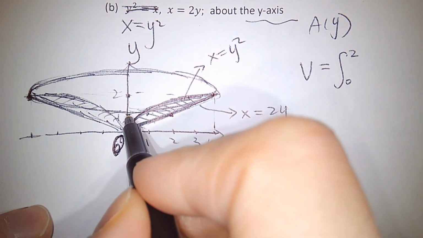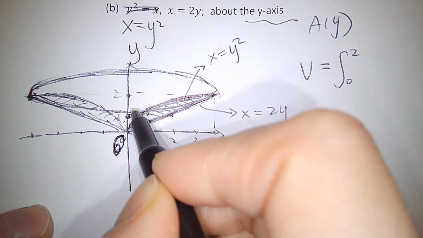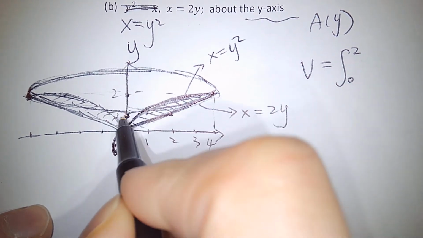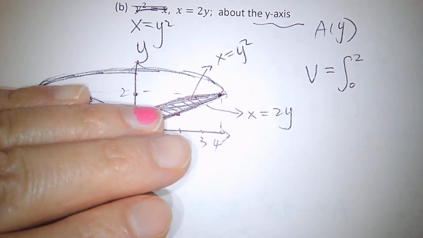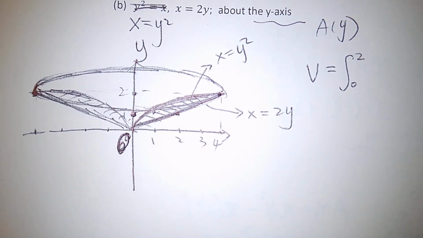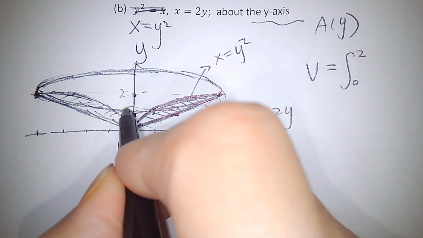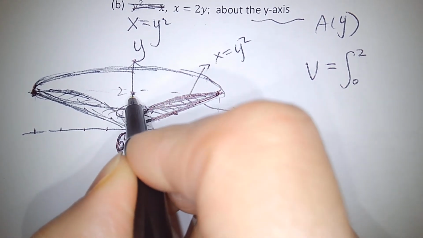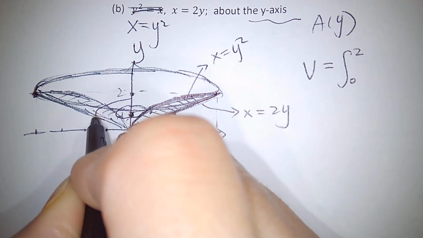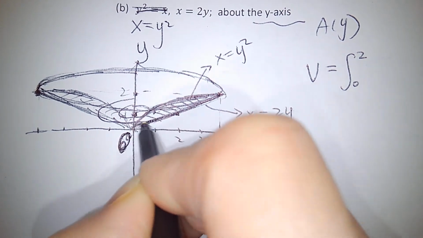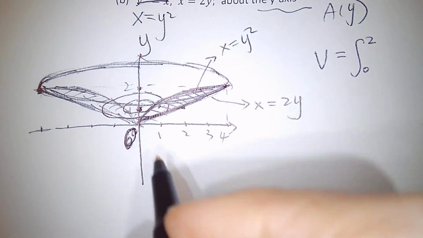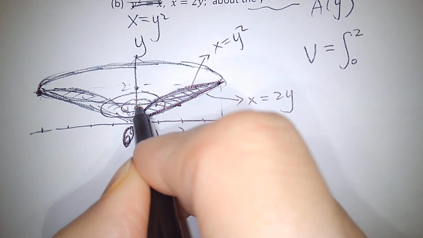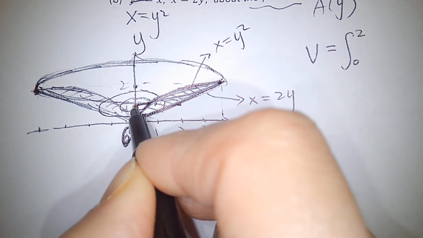For example, if we have any y between 0 and 2, when we cut this solid horizontally with a knife, what should we have then? Can you tell? A washer. Yes, we're going to have a washer with an inner radius and outer radius.